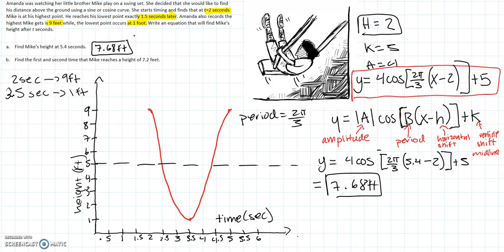For the second question that the book asks us, find the first and second time that Mike reaches his height of 7.2 feet.